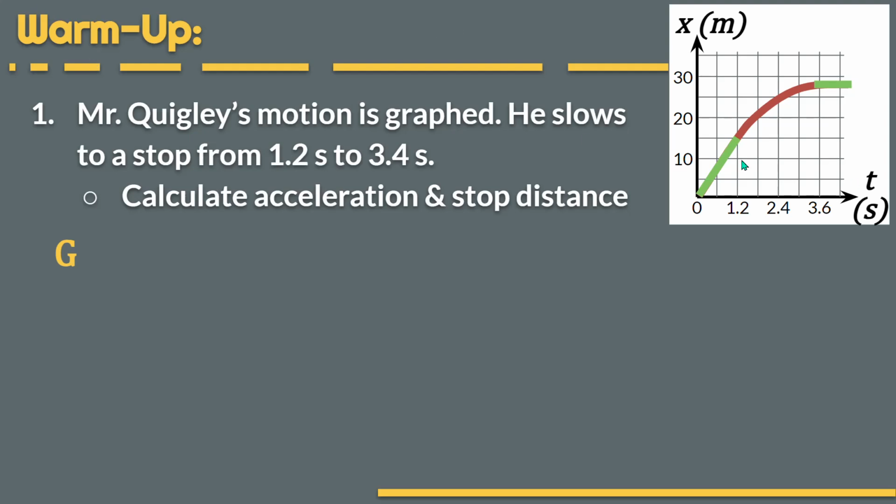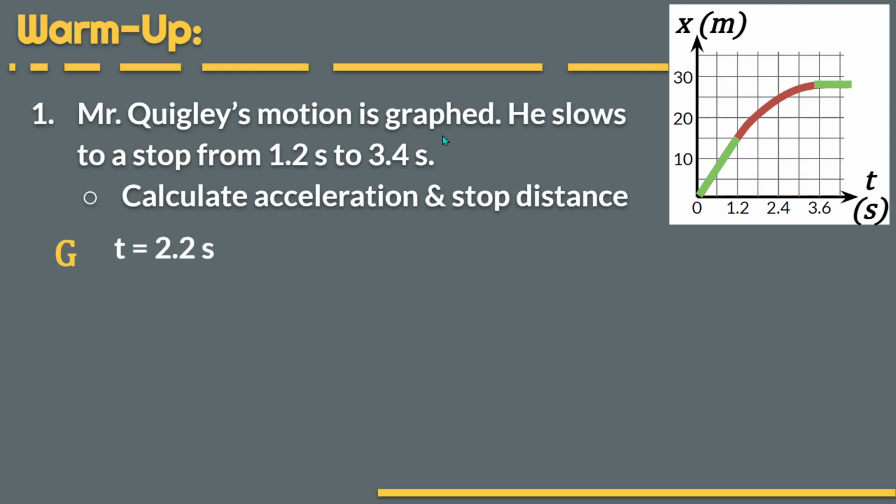The portion of this graph where the acceleration is occurring is just this red or maroon section where there's a curve. Initially, he has some amount of constant velocity, and then at the end, he is not moving, and we can see that as well. But the time during which he is accelerating is just this segment, which is 2.2 seconds long.